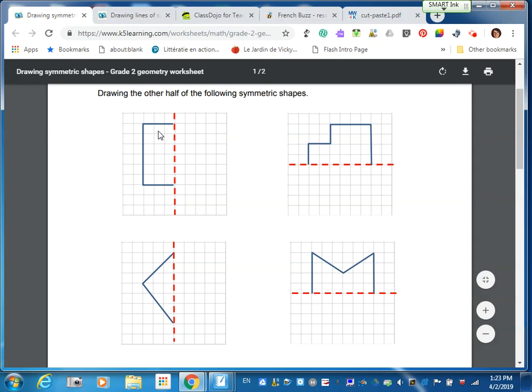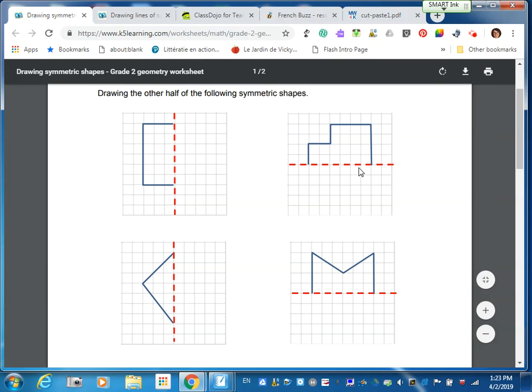So here there are 3 squares to the left, so we need to do 3 squares to the right. And 1, 2, 3, 4, 5, 6 squares down, we have to do the same thing. 6 squares down. And that completes the drawing symmetrically. So it's even and both sides match.